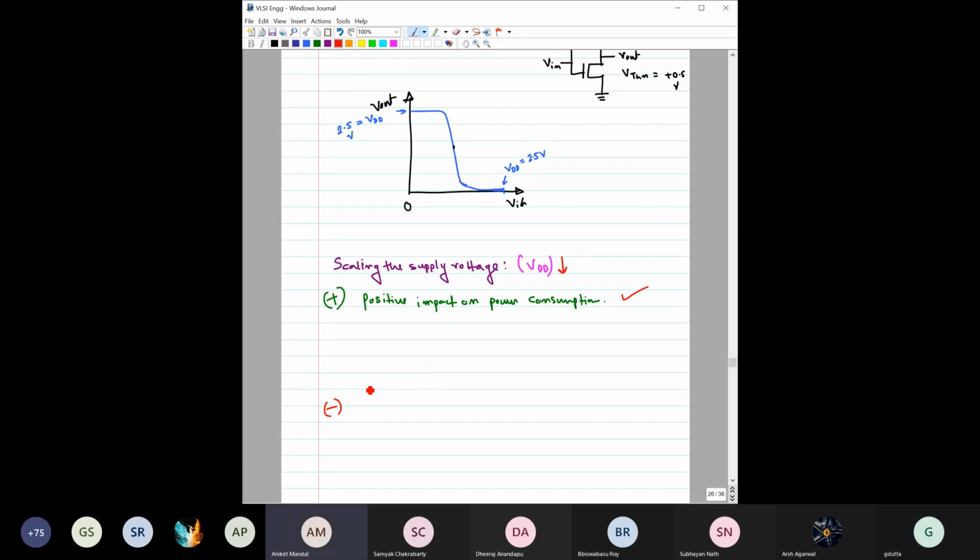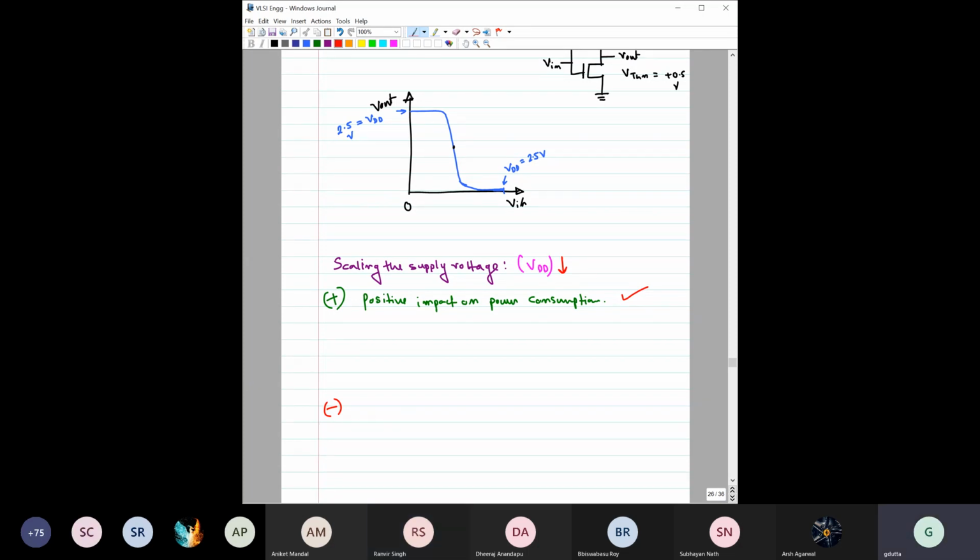The level 1 and level 0 would become very much close. So you are trying to say that the system becomes quite prone to the noise, right? External noise. Yes, sir. So it will be more sensitive to the external noise. Points taken. Anything else? Also there may be less headroom for gain and something.